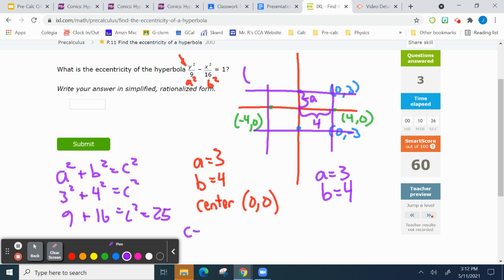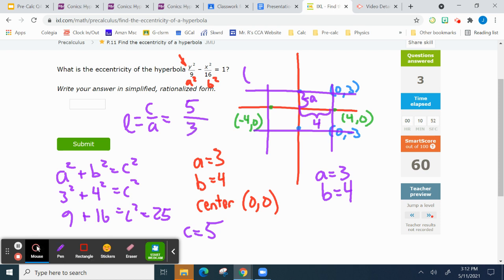So c equals 5. And then the eccentricity is c over a. So it's going to equal 5 over what? A is 3. It's 5 over 3.